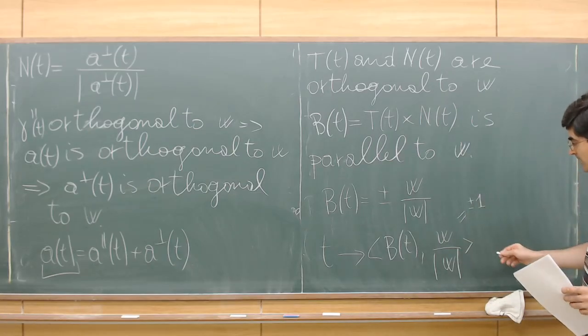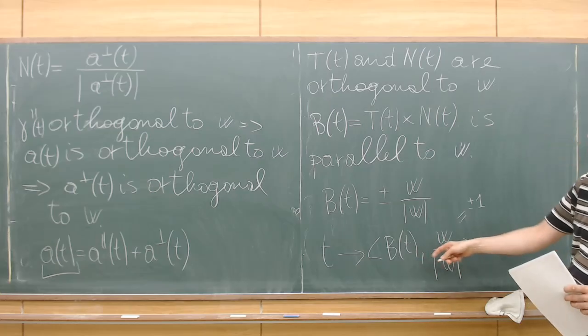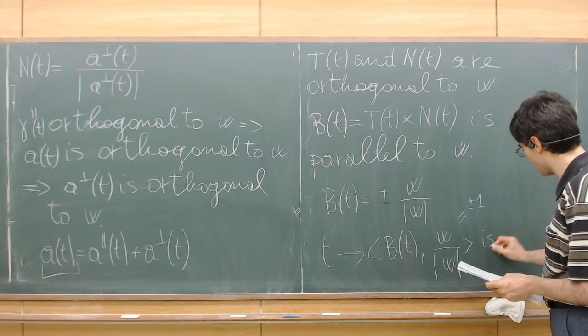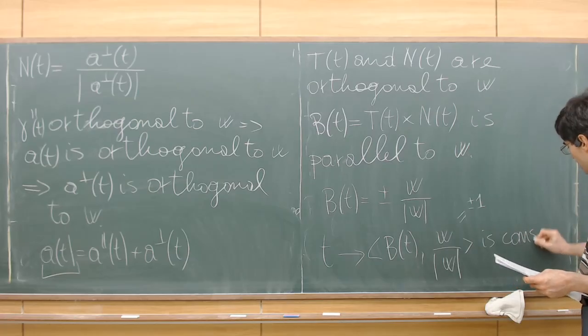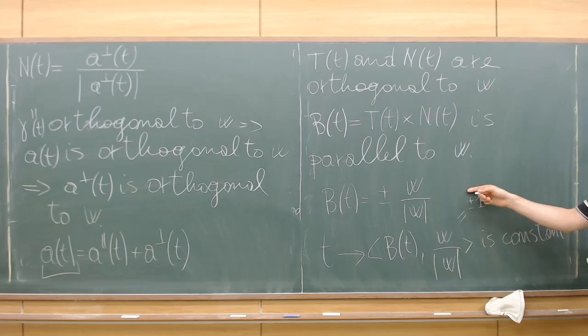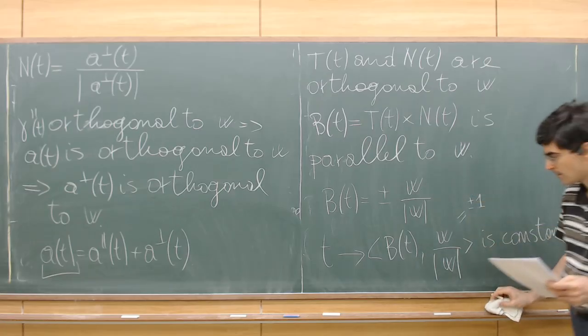So this function here, in order to be continuous, must be constant, because it cannot jump from minus 1 to plus 1 or vice versa.